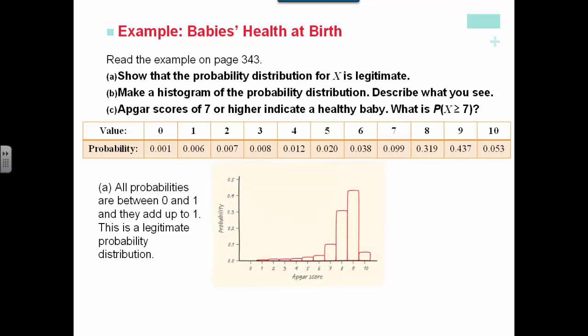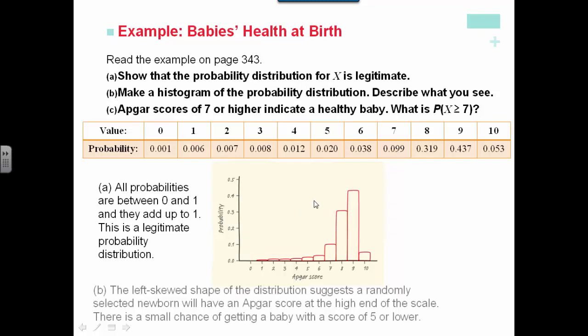Here's a histogram. The score versus the probability as a decimal. The skewed left shape of the distribution suggests a randomly selected newborn will have an APGAR score at the high end of the scale.